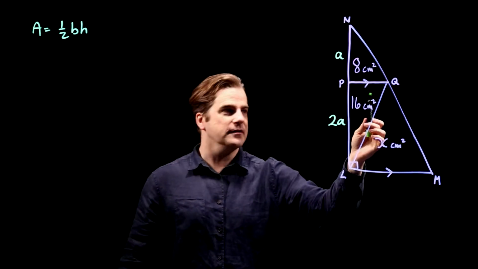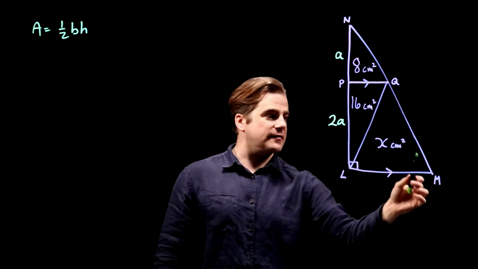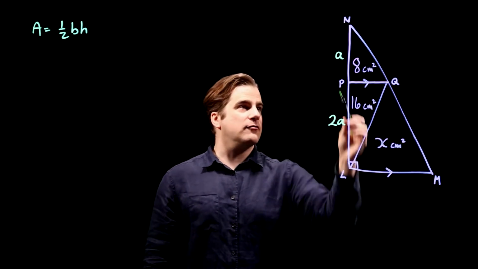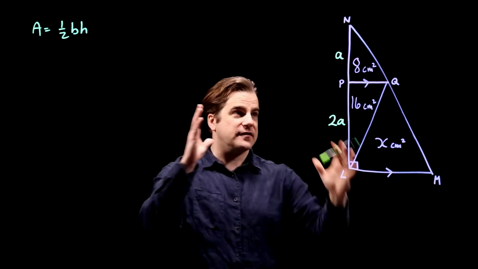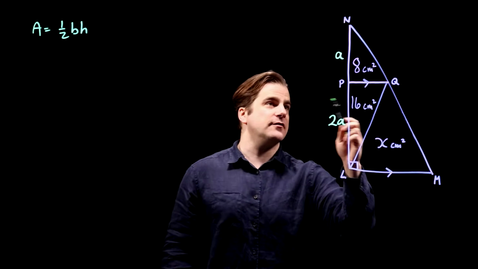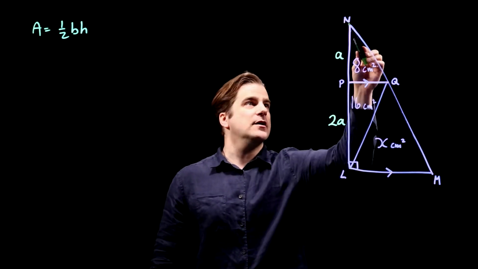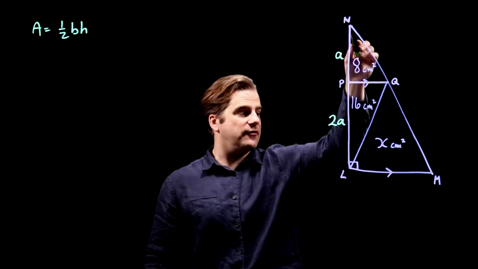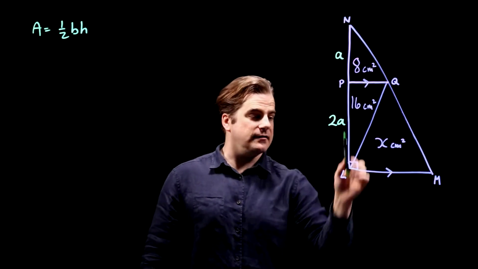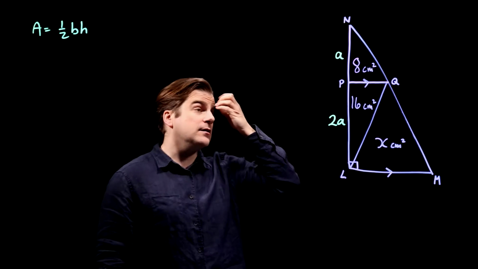Obviously, it's the same angle. But that angle there is the same as that angle there. And the ratio of the three sides is the same. They're different sizes, but the ratio of the sides is the same. For example, the ratio of N to Q to N to P is the same as the ratio of N to M to N to L.